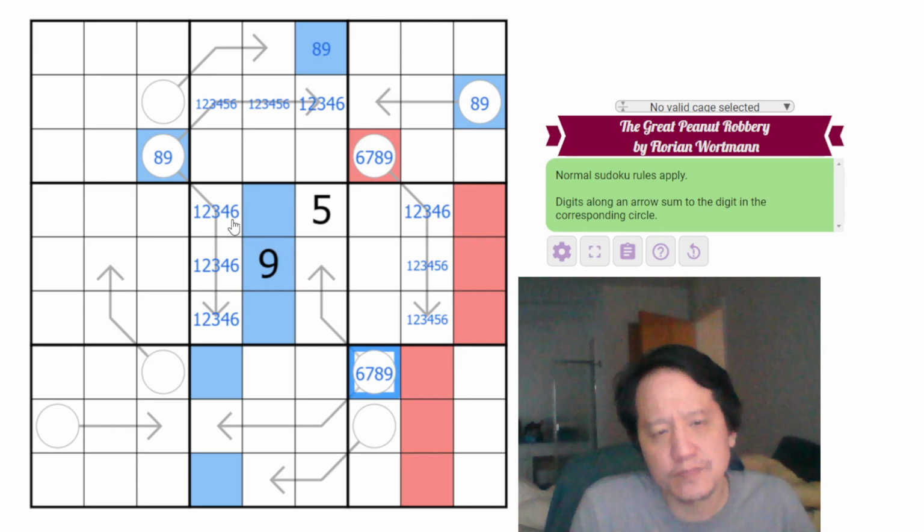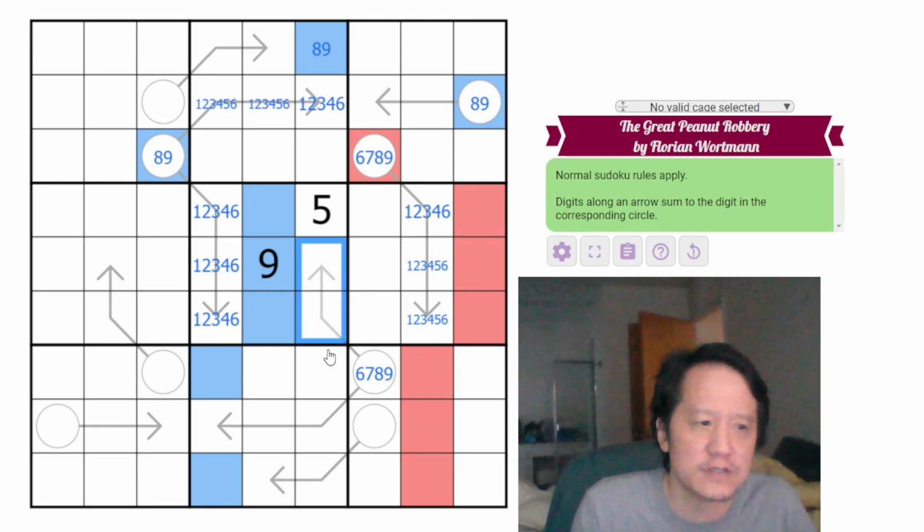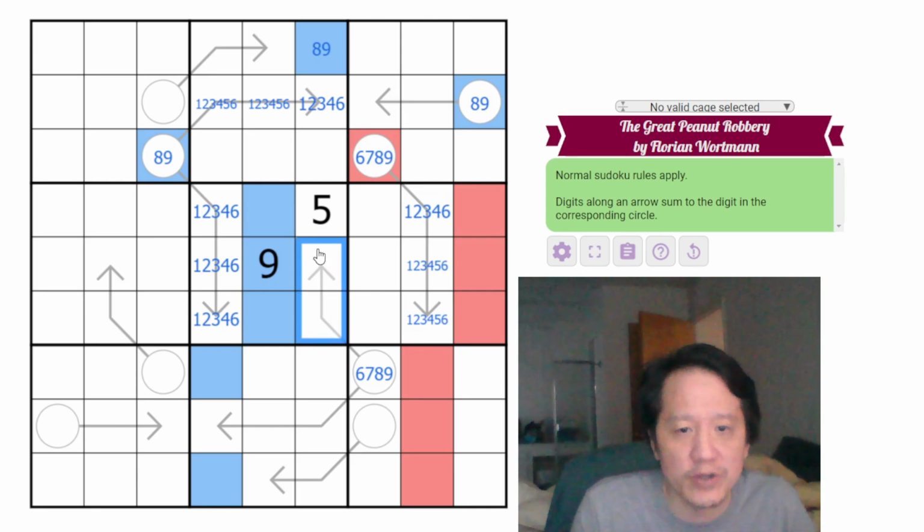Okay. This has to have 2 from 1, 2, and 3. This has to have 1 from 1 through. Okay, it can't be 4, because if this was 4, this would have to be 5. So this would also have to have 1 from 1, 2, and 3.